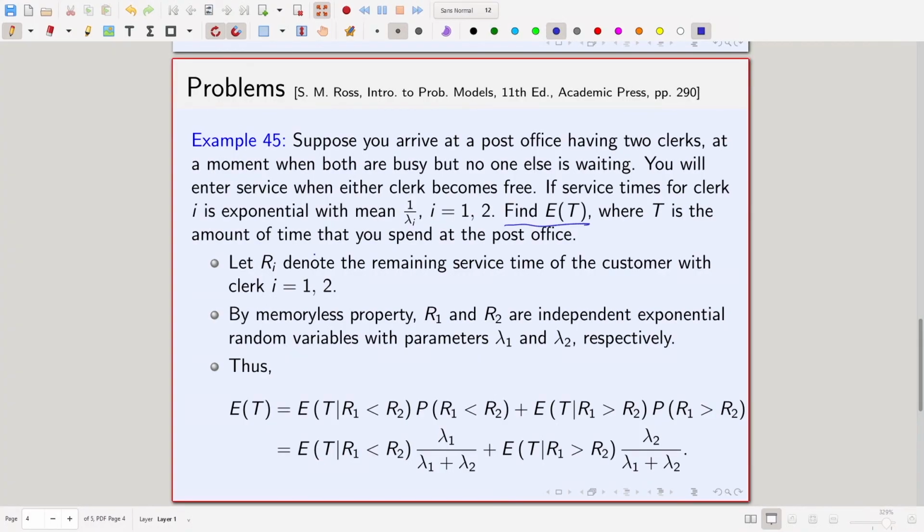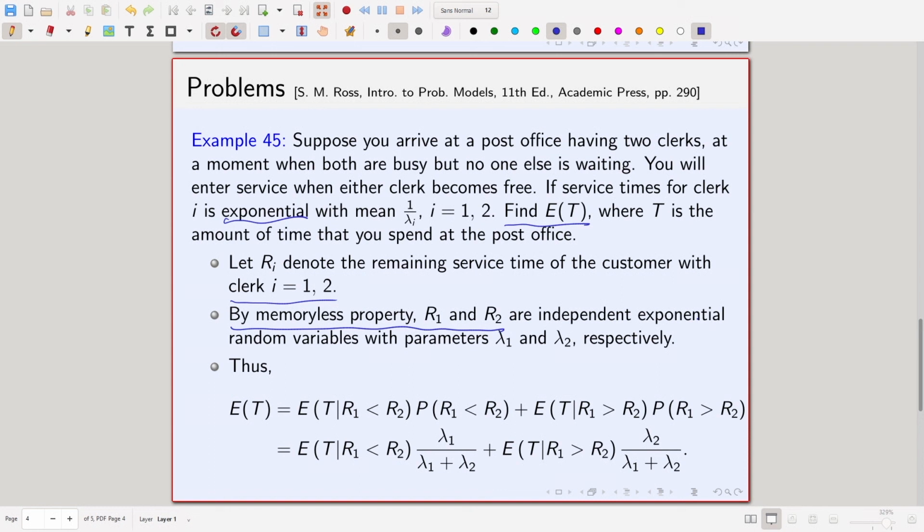Okay. So let R i denote the remaining service time of the customer with clerk i. When you enter the post office, two people are already in service, so what is important is their remaining service times. But again the service times are exponential, so by the memoryless property, the remaining service time is again exponential with the same parameter.